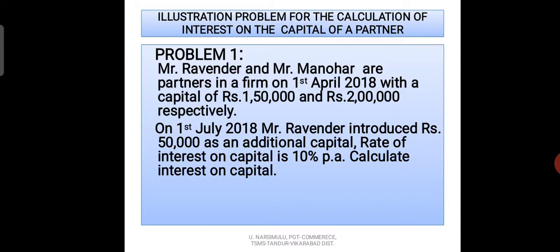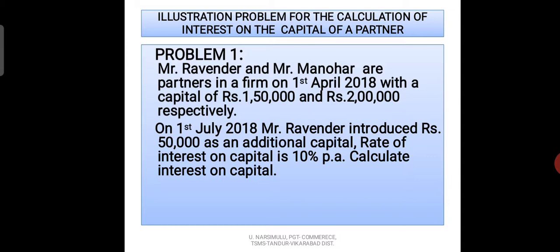So what is the rate of interest? 10% per annum, and we are asked to calculate interest on capital. So we are given opening capital of partners and one of the partner given some additional capital to the partnership firm in the middle of the year, that is on 1st July 2018. So these 3 points we can go to keep in your mind.